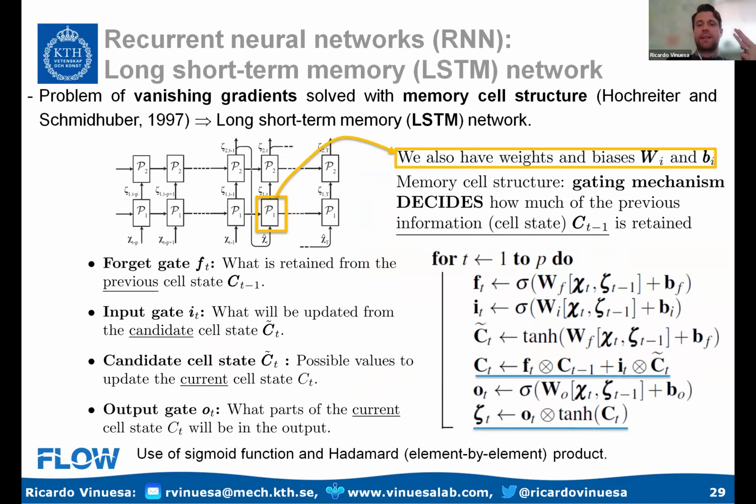I have 3 gates: the forget gate, the input gate, and the output gate. And the only thing these gates do is add additional parameters in the network to decide the weight of the recent data and the past data. So I basically can modulate how important the old or the new information is to make my predictions. Right? That's a little bit the idea.